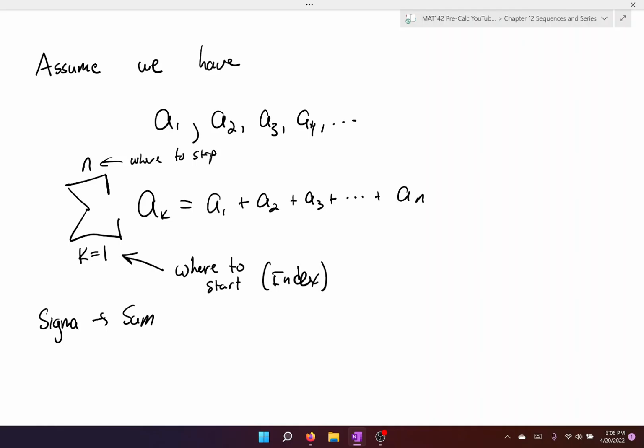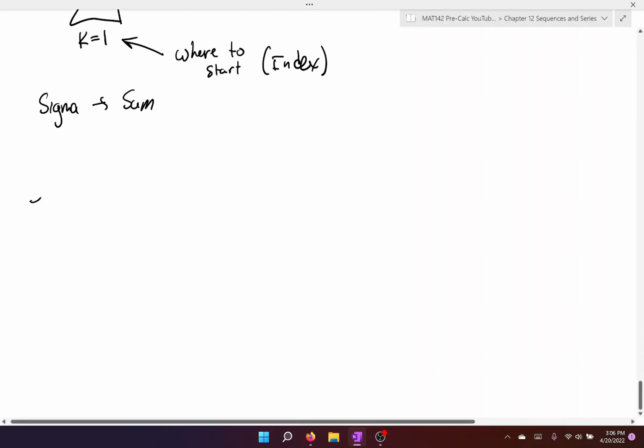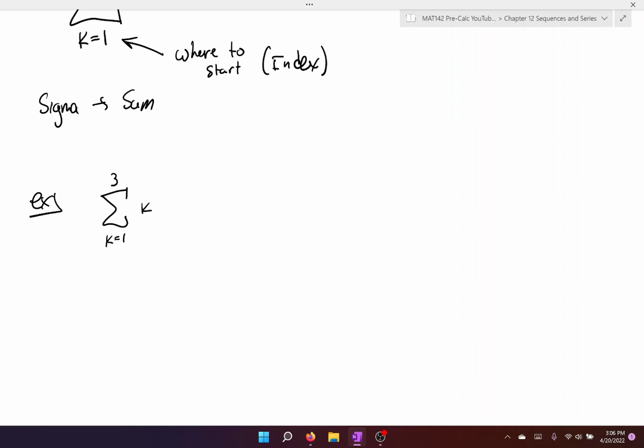So if we wanted to, we could do one or two very simple examples here. The first one is nothing more than just find the summation with k equal to 1 going to 3 of k to the third power. So this is going to be 1 to the third plus 2 to the third plus 3 to the third.